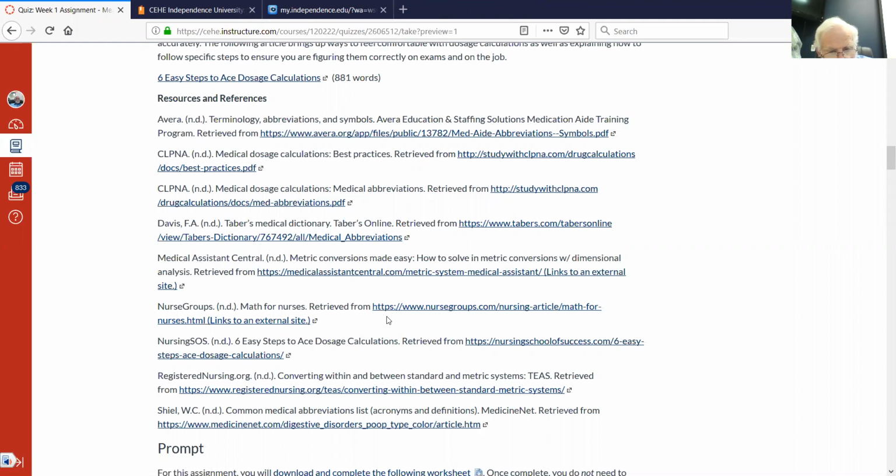So we want to look at all of these documents here for you. We've already looked at this one. It's up here. Math for nurses. Let's take a look at that right quick.